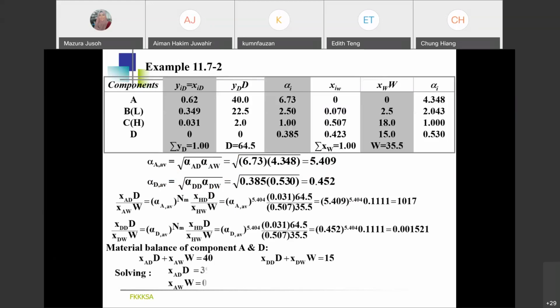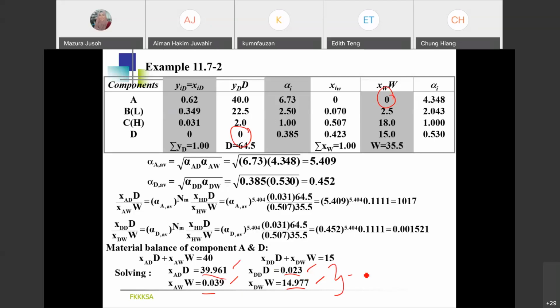This is the actual composition, because at first what you did was just assume this in the beginning. You assumed that this is 0 and this is 0, but that's not the case. After you have calculated the minimum number of stages, only then can you calculate the actual flow rate. This is the actual flow rate for each.